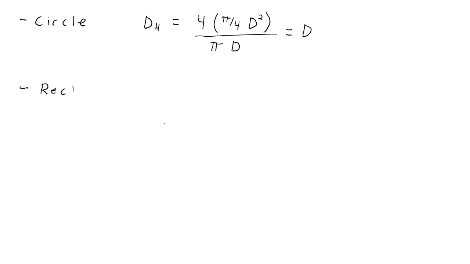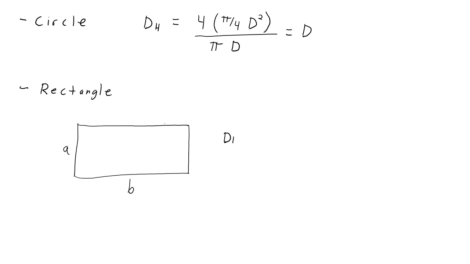Now for a rectangle, let's say this is a rectangle that has sides A and B. Your D_H, again, is 4 times the cross-sectional area, which is just going to be A times B, divided by the perimeter.